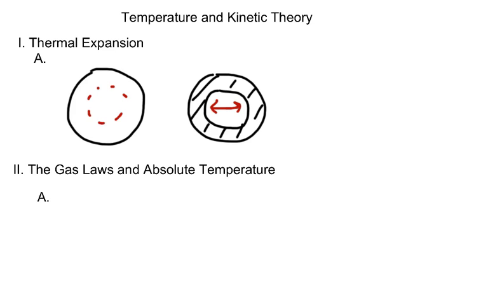The gas laws and absolute temperature. So I want to start by talking with you about absolute temperature. Absolute temperature is used by a scale called Kelvin. Kelvin is a scale that shows that if you were to remove all of the heat from a particular system or substance, then that substance would have 0 Kelvin in temperature.